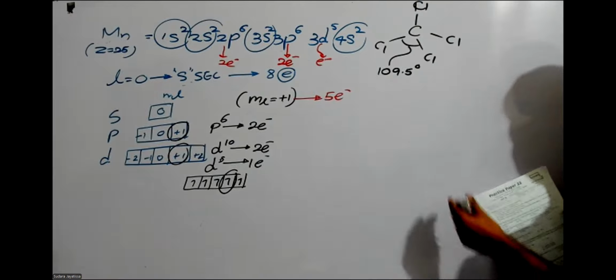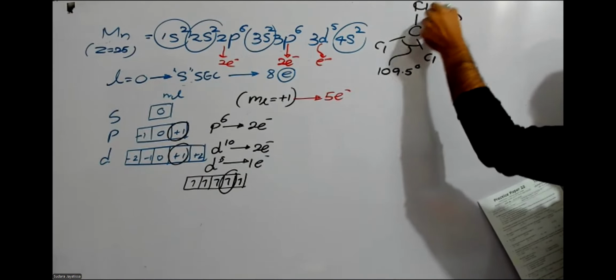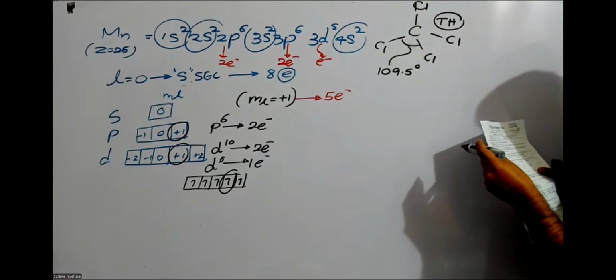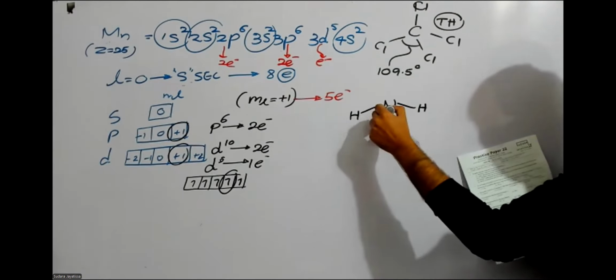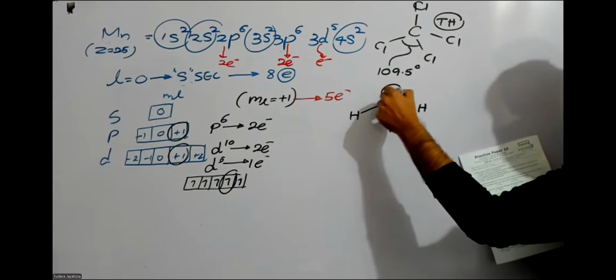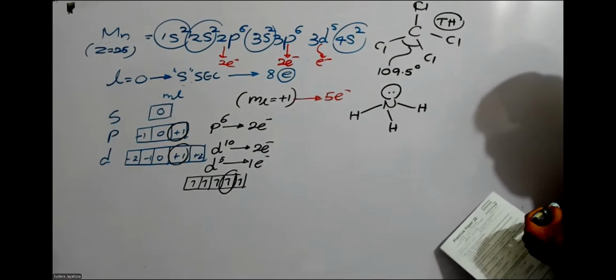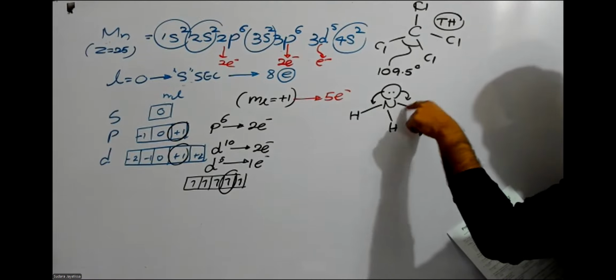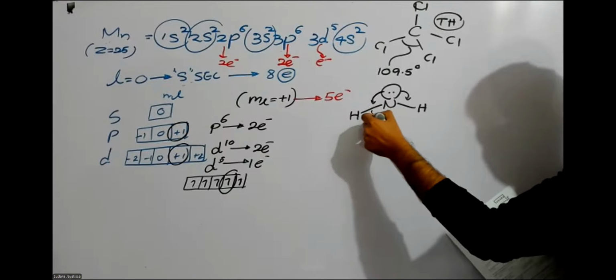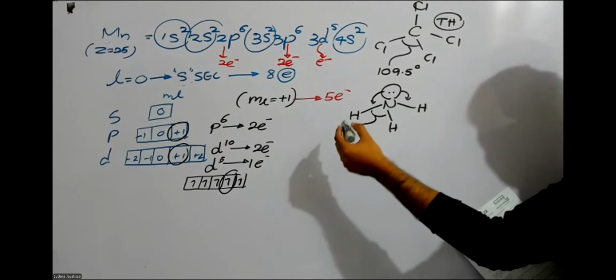The next molecule is NH3. NH3 also has tetrahedral electron pair geometry, but its shape is trigonal pyramid. A lone pair is pushing the bond pairs, so the angle between bond pairs will be a little lower.